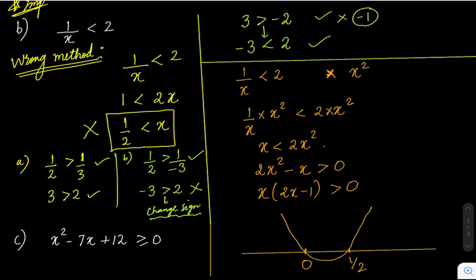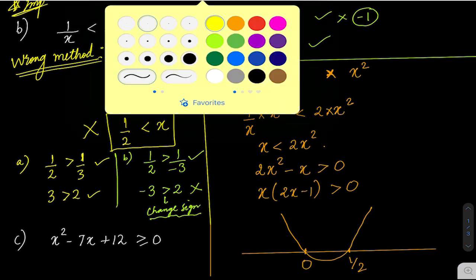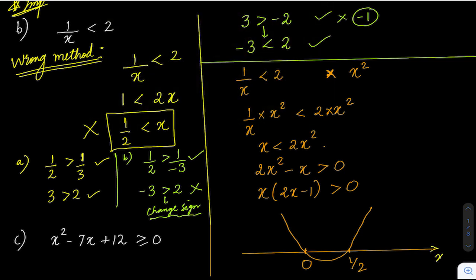In this graph you can see for which values of x it is positive. Positive means the graph is above the x-axis, so this portion. So my answer is x can be less than 0 or x is greater than half. This is my answer.